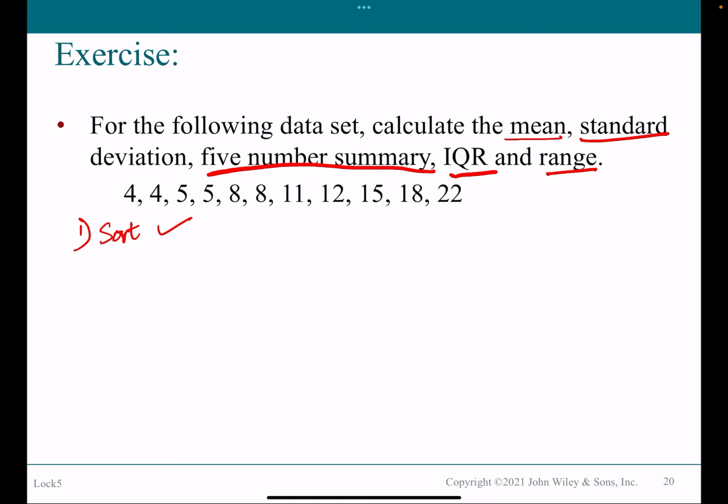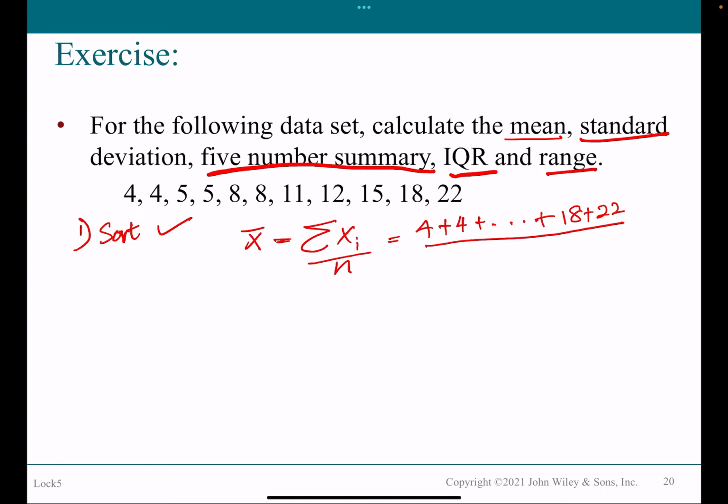So how do we find the mean? X bar equals the summation of xi's divided by the sample size n. You have to get the sum, please use calculators. I just want to show you how to do that, that's why I'm writing this, but you don't need to.